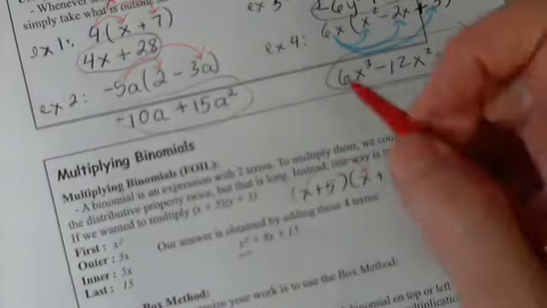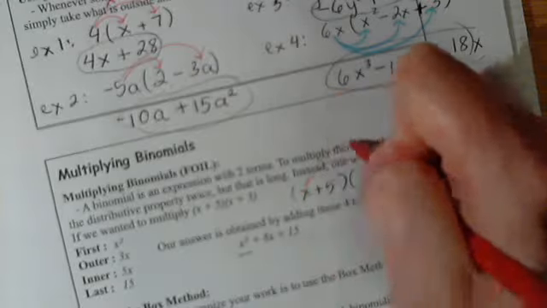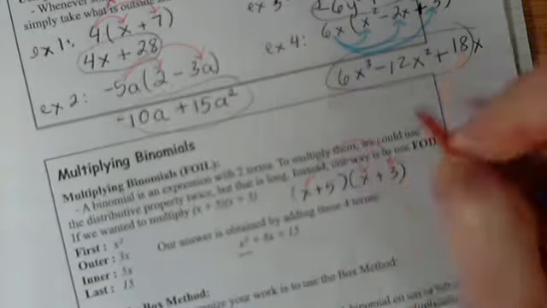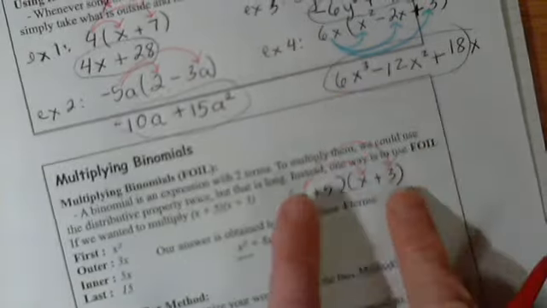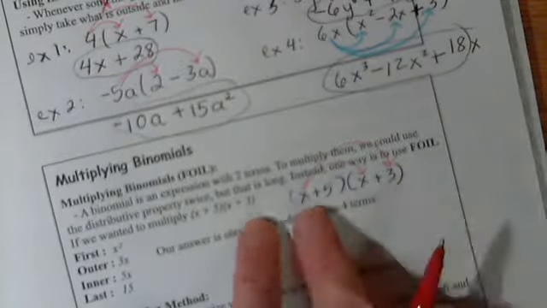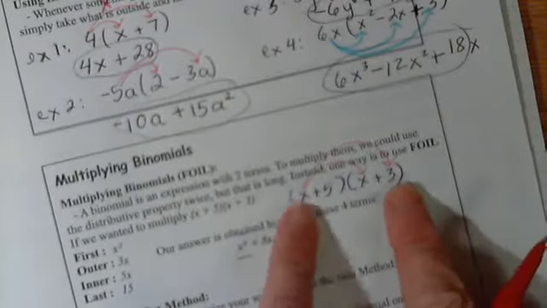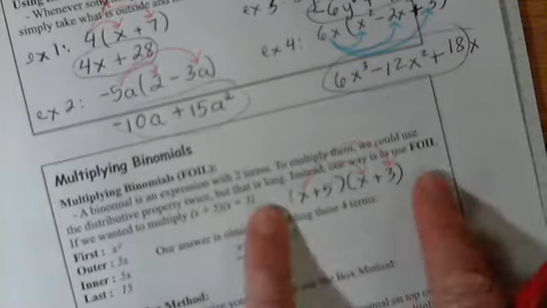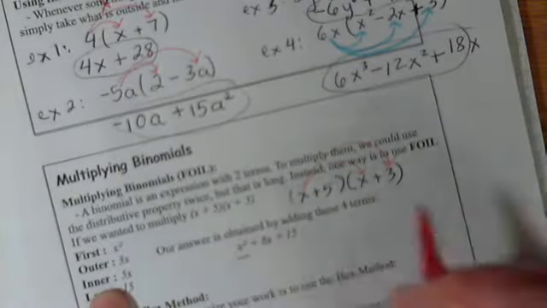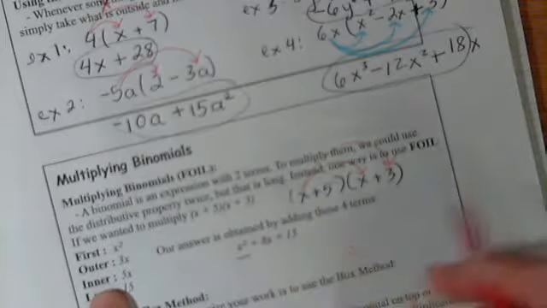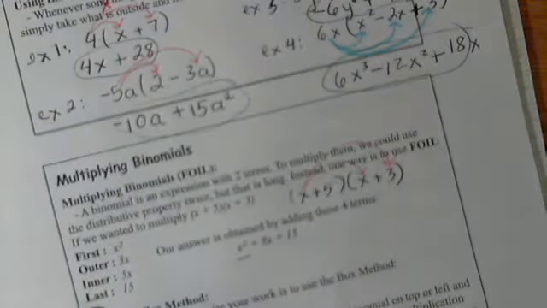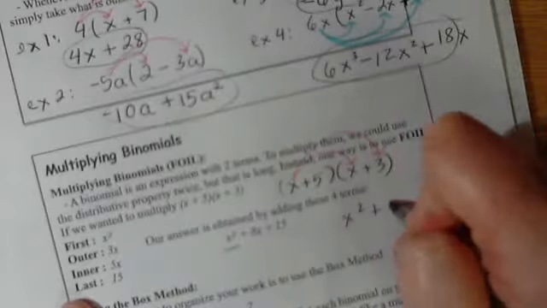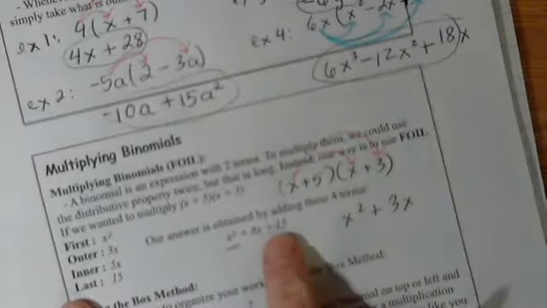Next, I'm going to multiply that x by the other person next door, the 3. We call the x and the 3 the outer terms in each of the 2 binomials. They're on the outsides of the polynomial. So first, outer, and x times 3 gives us 3x, which I'm going to write. Let's do this first: x squared plus 3x. That's going to be our final answer, so I'll point at that last.